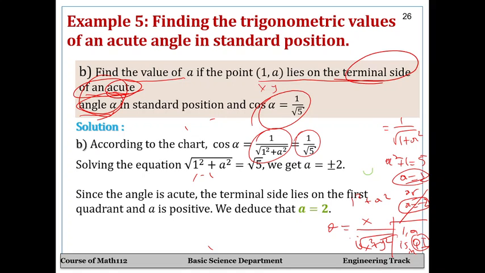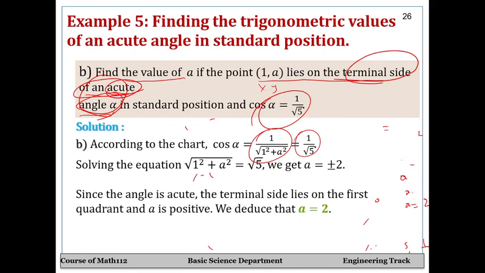I mean, they're equal. And then we get a equal to minus 2 or 2, but the terminal side lies on the first quadrant because alpha is acute, so a is positive, so we say a is 2.